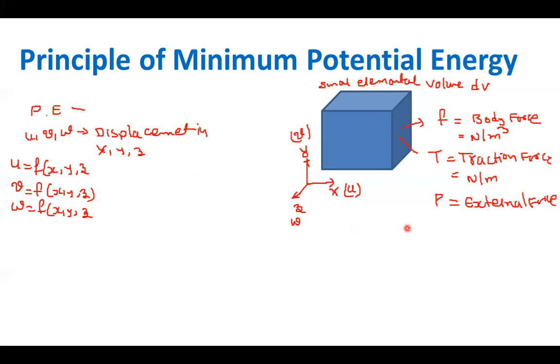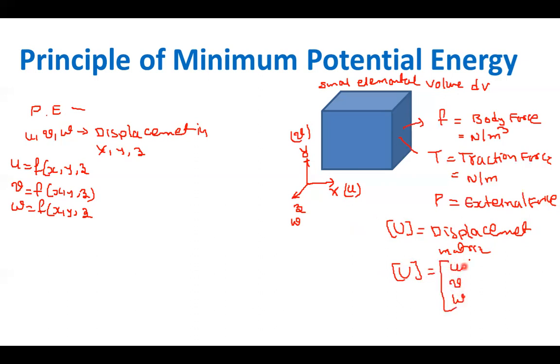At this point of time, I'm going to define that the capital U is a matrix, called the displacement matrix. The displacement matrix is always a column matrix. So capital U is defined as small u, small v, small w.